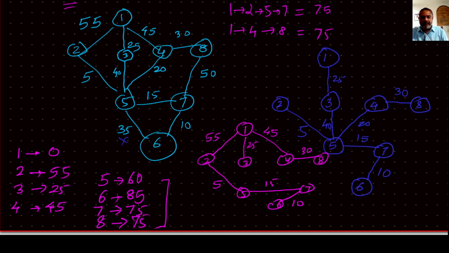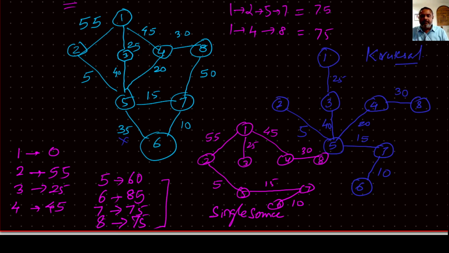So this is a single source form of creating a tree, and this is a shortest path tree.